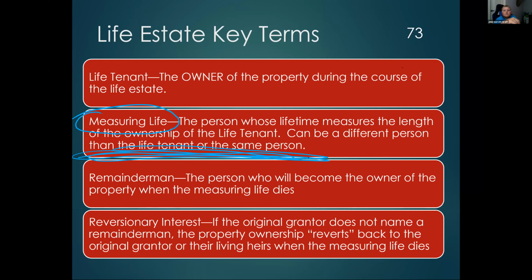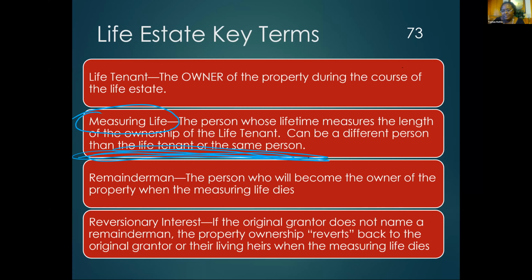What if Michelle outlives Tasha? Or sorry, no, what if Tasha outlives Michelle? Doesn't matter. Michelle would have heirs, right? Everybody has an heir. Because if you don't name one, guess who your heir is? State of North Carolina.